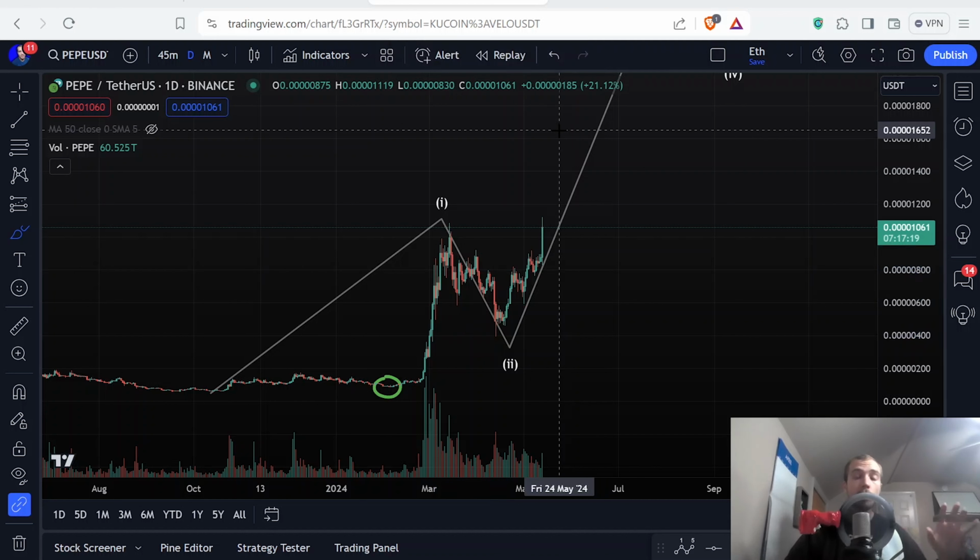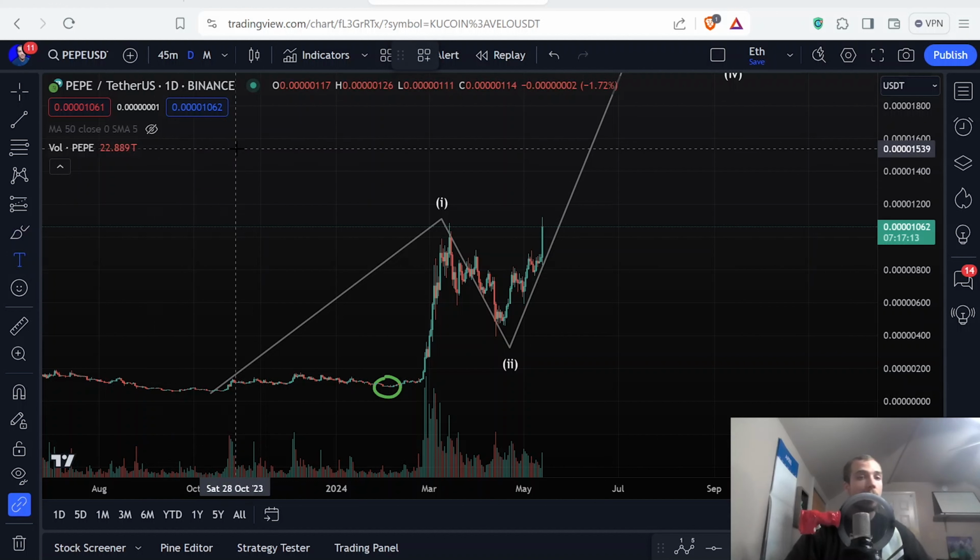So Pepe is really leading a lot of other coins, and when coins lead, there's a good reason for that. They lead because there's volume going into it, because there's interest, because there's demand. And when demand starts increasing, it has a tendency to continue to do so until the top comes.